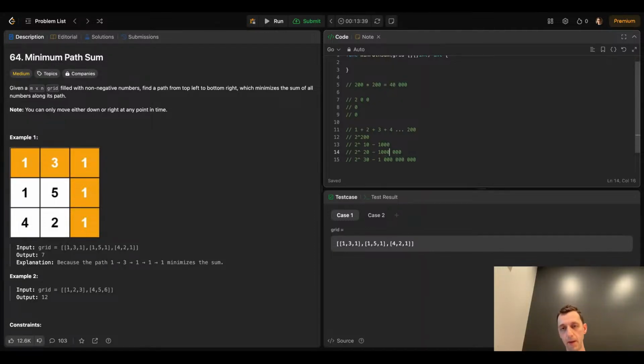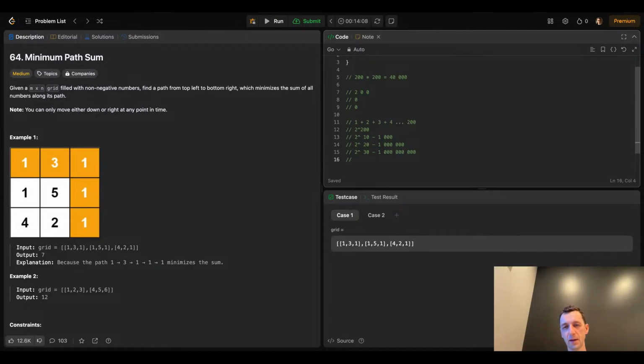And 200 is like 20 times that. So 10 is that, but that's like 20 times more. So 20 by 3 is like 60.